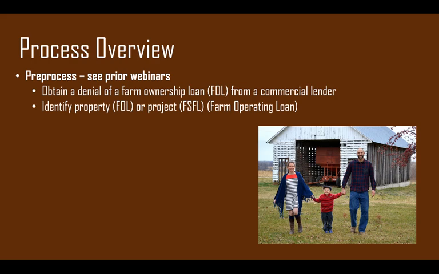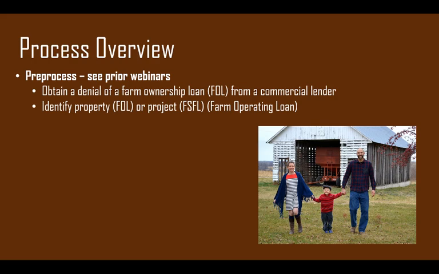So for whatever reason, you'll want to identify a property and then talk to a commercial lender, and for whatever reason they decide they will need to deny you and then give you a letter that you can then share with your loan officer through FSA.